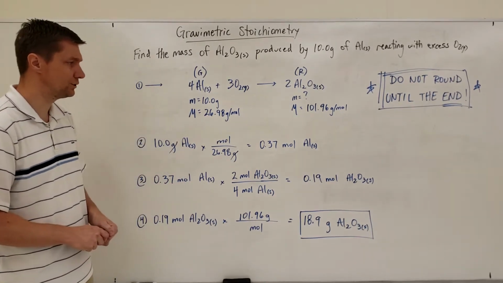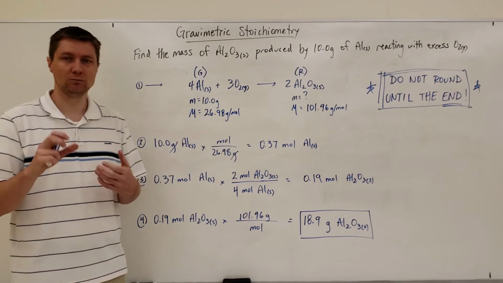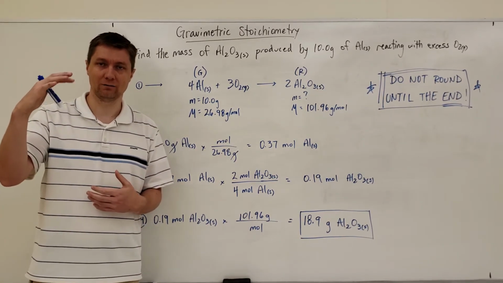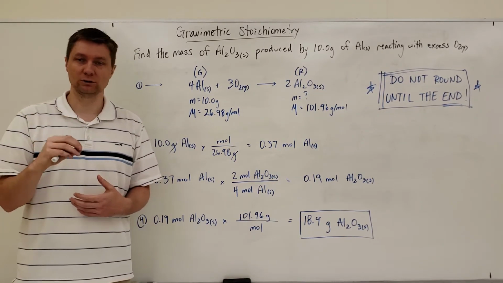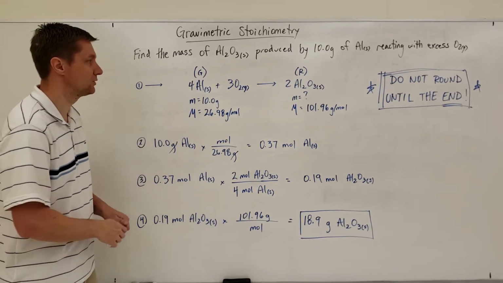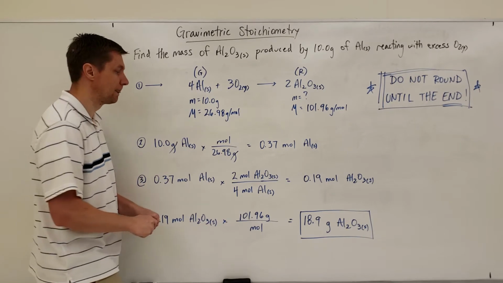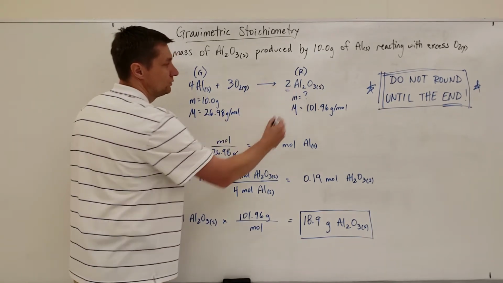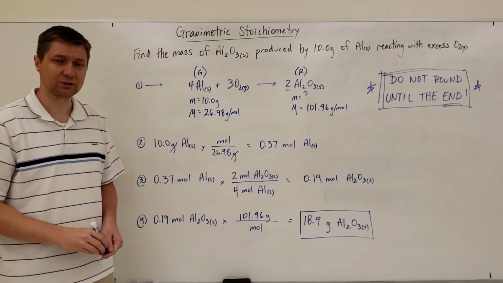And so the mole ratio is simply how many moles of my required do I have divided by how many moles of my given do I have in the balanced chemical equation. And so that's where these coefficients come into play. I've got 2 moles in my balanced equation.